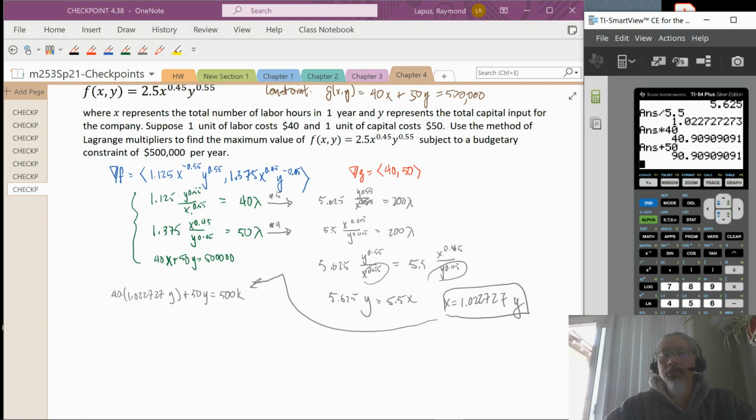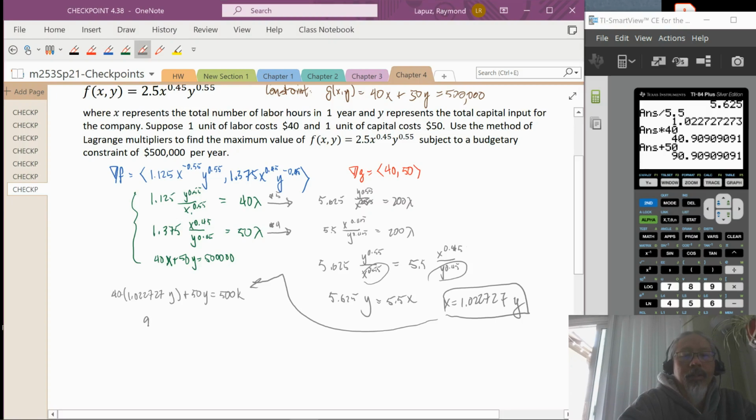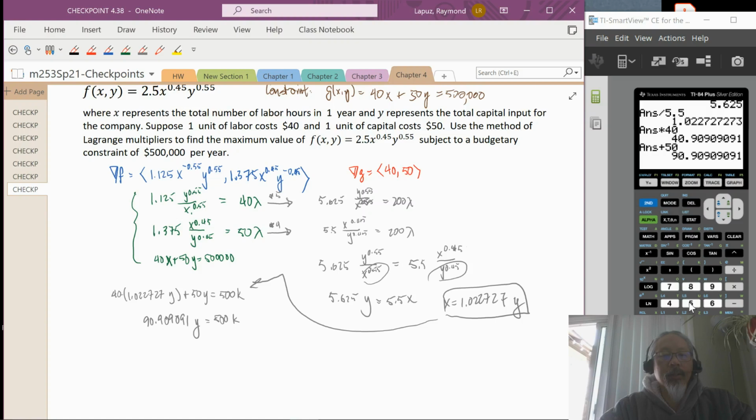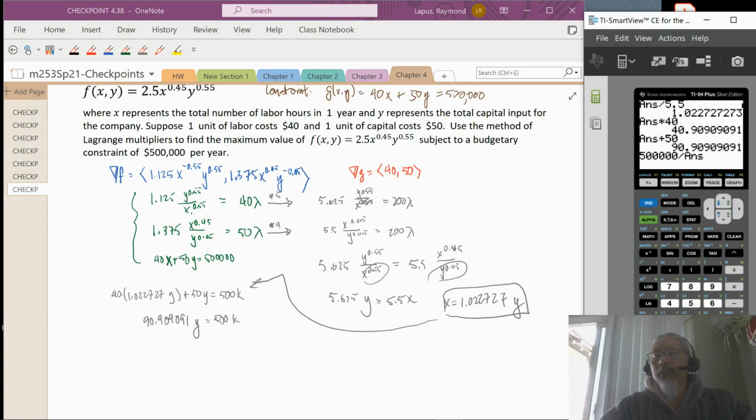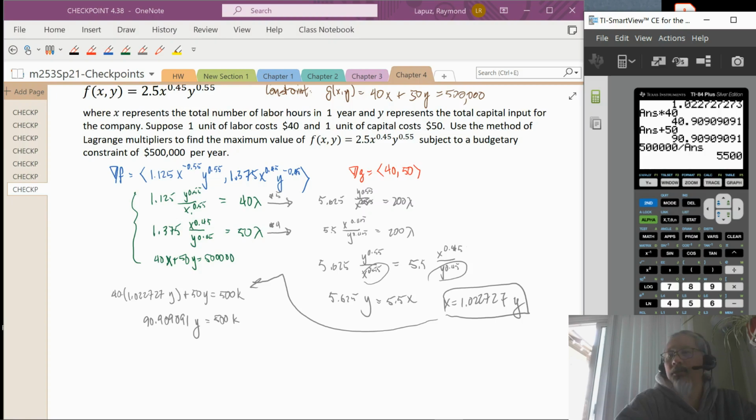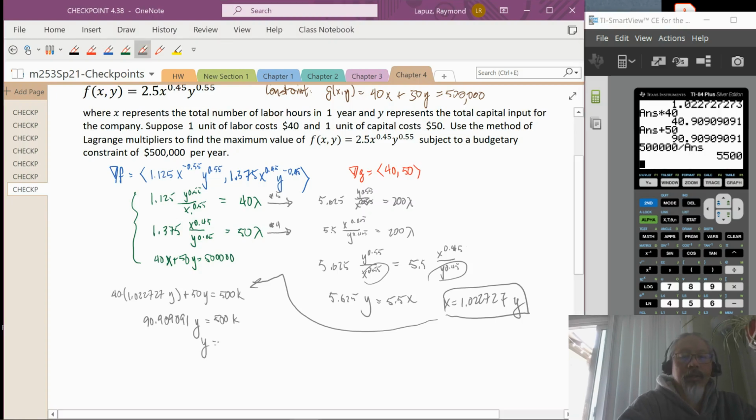And so that's going to be the new coefficient of y. We have 90.909091 y is equal to 500,000. So we'll take 500,000 and divide it by that, and we get 5,500. y is equal to 5500.